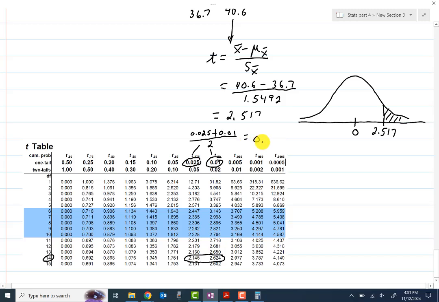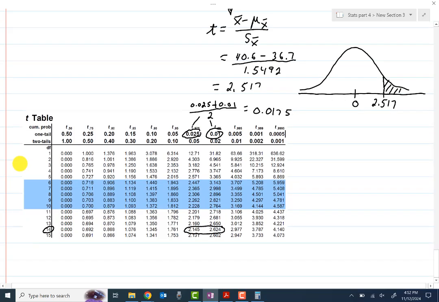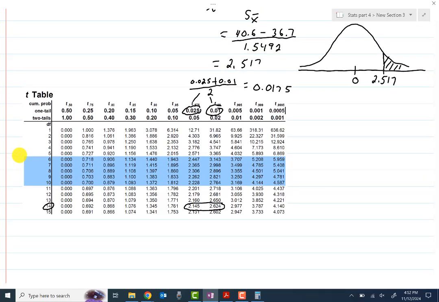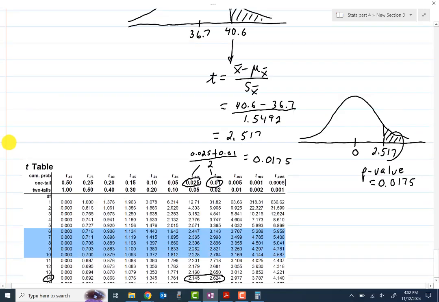That equals 0.0175. So remember, this is our p-value. And it was going to equal 0.0175. Where is my alpha in this problem?